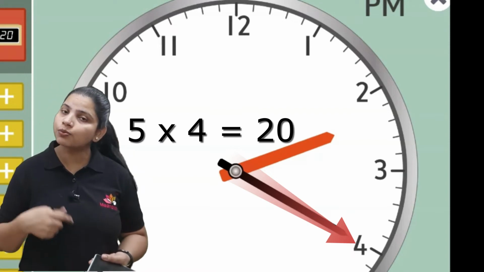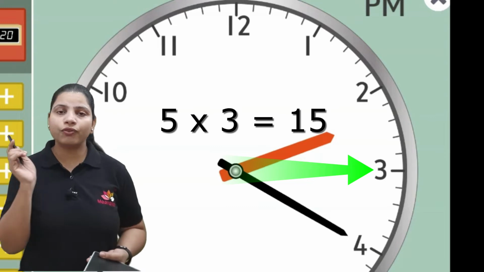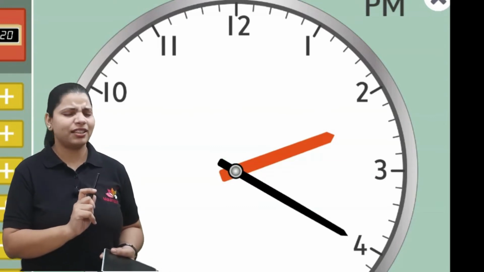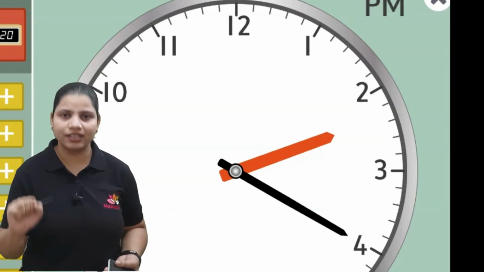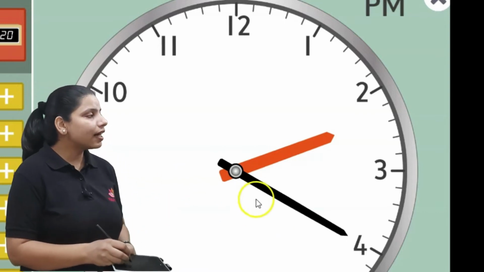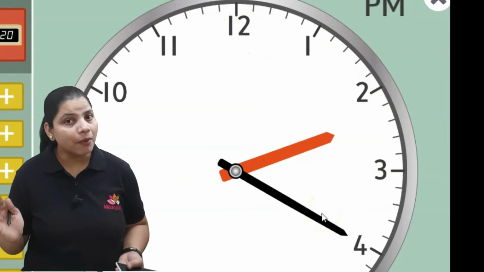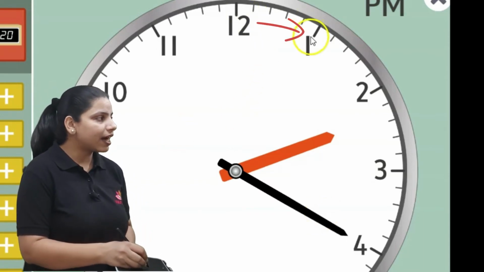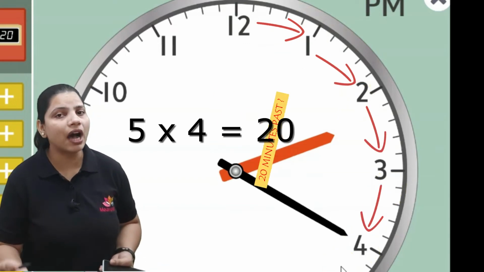If your minute hand is pointing towards 3, 5 times 3. So for learning time or telling time, your table of 5 needs to be very strong. From 12 to 4, how many minutes have passed? 5, 10, 15, 20, 20 minutes passed.